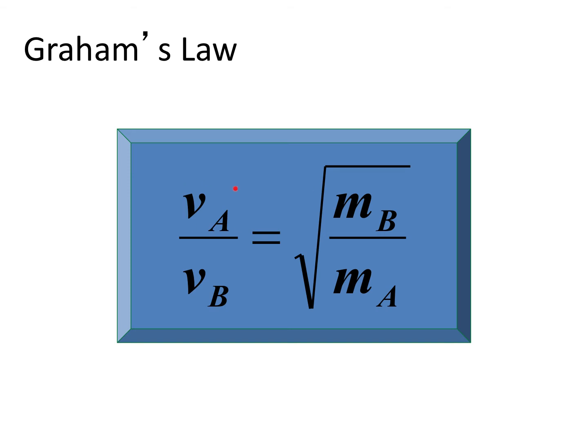First of all, please notice that the rate of movement of A in the equation is going to be across and down from the mass of that particular gas. So when you're doing these problems, please make sure that your rates and the masses of the corresponding gas are kitty corner to each other.